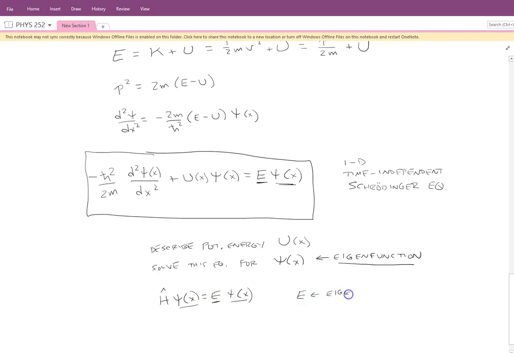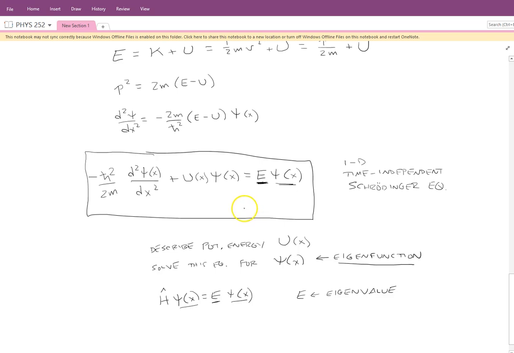Now, physically, what this means is that the eigenvalues are energies. So what happens in practice is you will get different solutions. There will be different eigenfunctions for different energy states. Each eigenfunction will have a corresponding energy for that state. It's similar to what happens in the Bohr model.